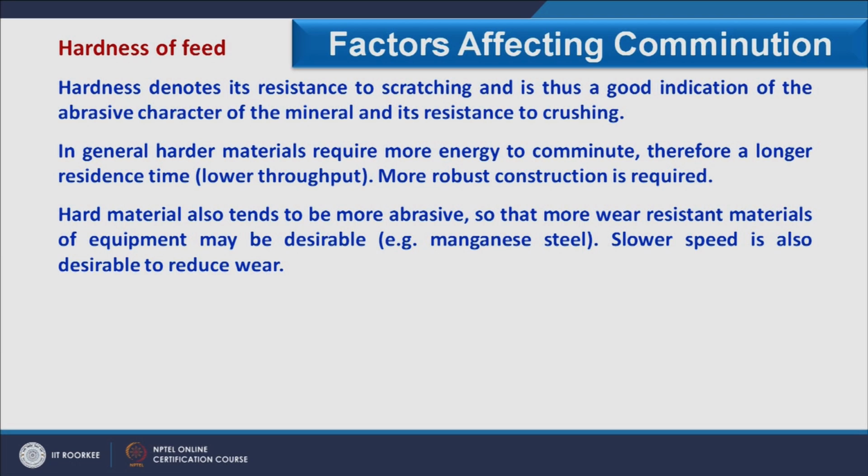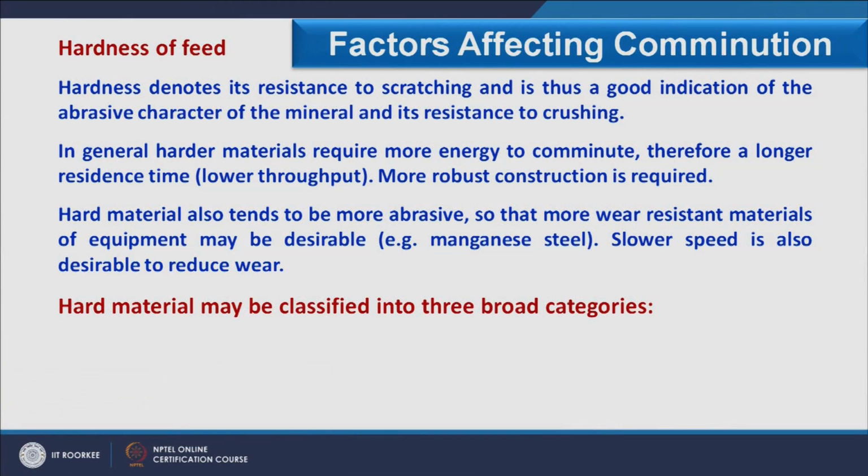Therefore, when we handle the hard material, accordingly we have to choose the material of construction of the equipment so that it does not get so much wear during the operation. Along with this, we also have to maintain lesser speed in equipment, because then only we can reduce the wear inside the equipment. So, hard material may be classified into three broad categories.